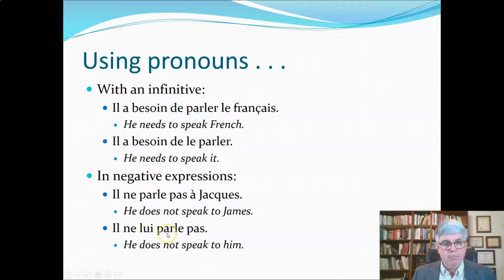So it immediately precedes the conjugated verb, and all the pronouns and the conjugated verb will be surrounded by the negative expression. The ne will be the first thing that starts it off, and the pas will be the last thing that finishes it. Il ne lui parle pas. He does not speak to him.